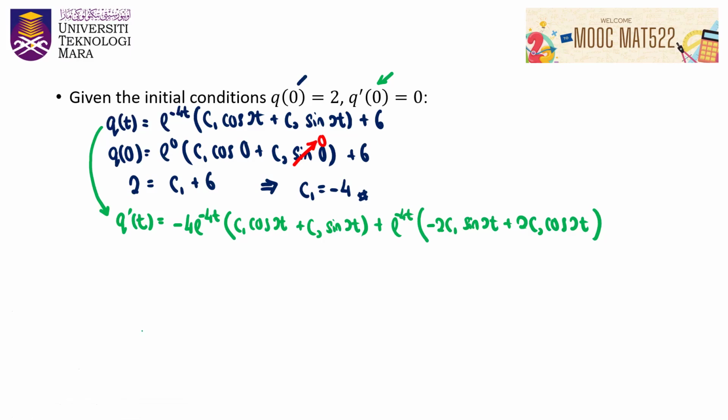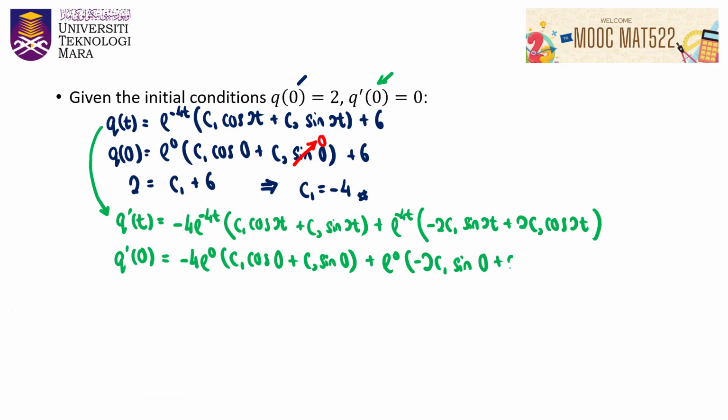Again, by substituting t with 0, we have negative 4 e^0, C1 cos 0 plus C2 sin 0, plus e^0, negative 2 C1 sin 0 plus 2 C2 cos 0.